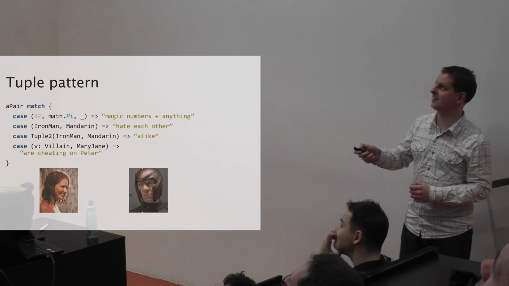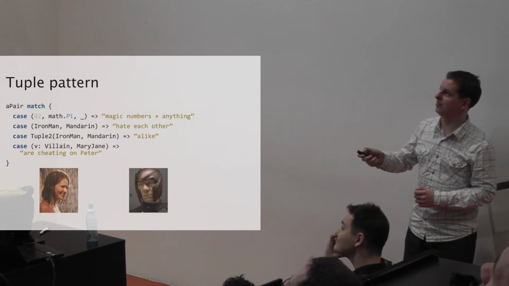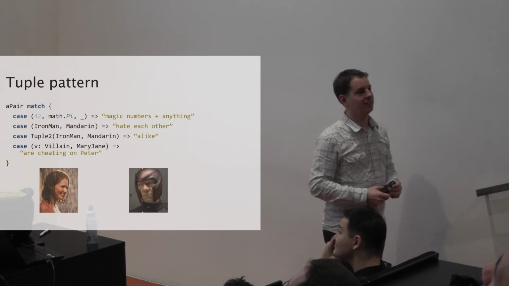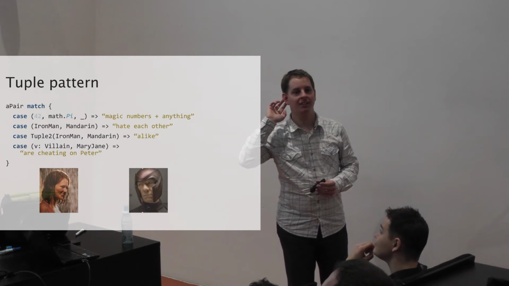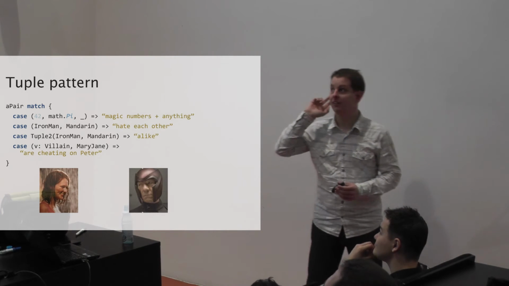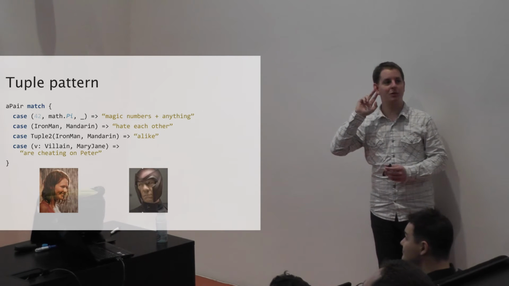What kind of pattern is this? The fourth branch. Let's say it's a sequence of elements.